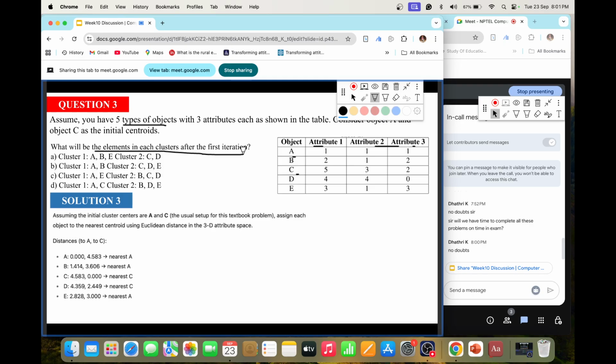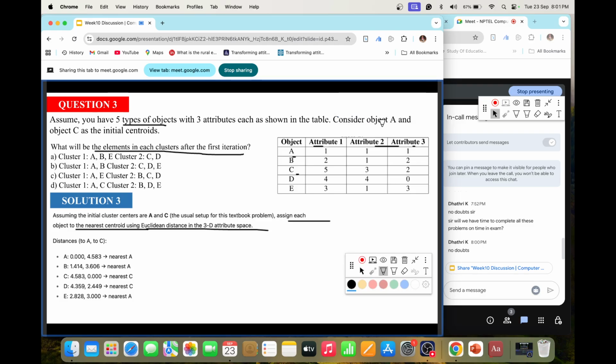So very easy: assuming A and C as your initial clusters, assign each object to the nearest centroid using the Euclidean distance. You have two clusters here because A and C are the two centroids that have been given, so you have to classify the objects into two classes.